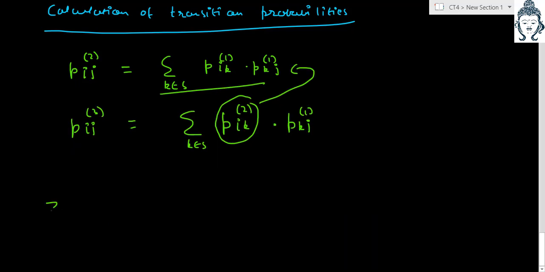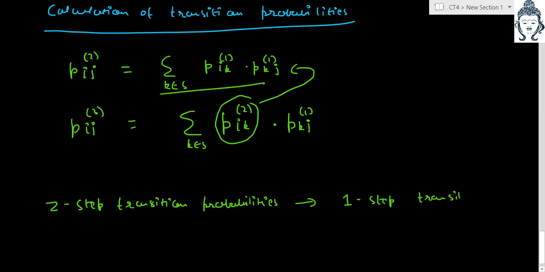So if you want to calculate the z step transition probabilities, you just need to multiply the one step transition probabilities z times.